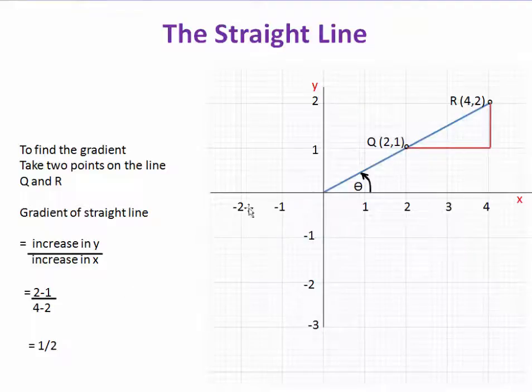So the gradient of the line would be the increase in y, which is this length, which is 2 minus 1, divided by the increase in x, which is 4 minus 2. So in this case, the gradient is 1 over 2, so half.